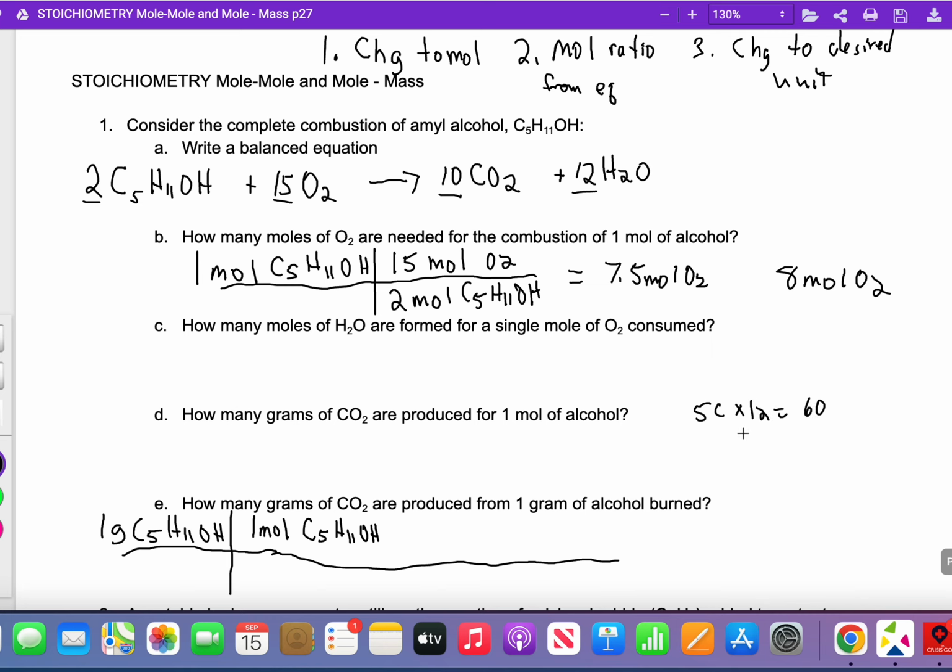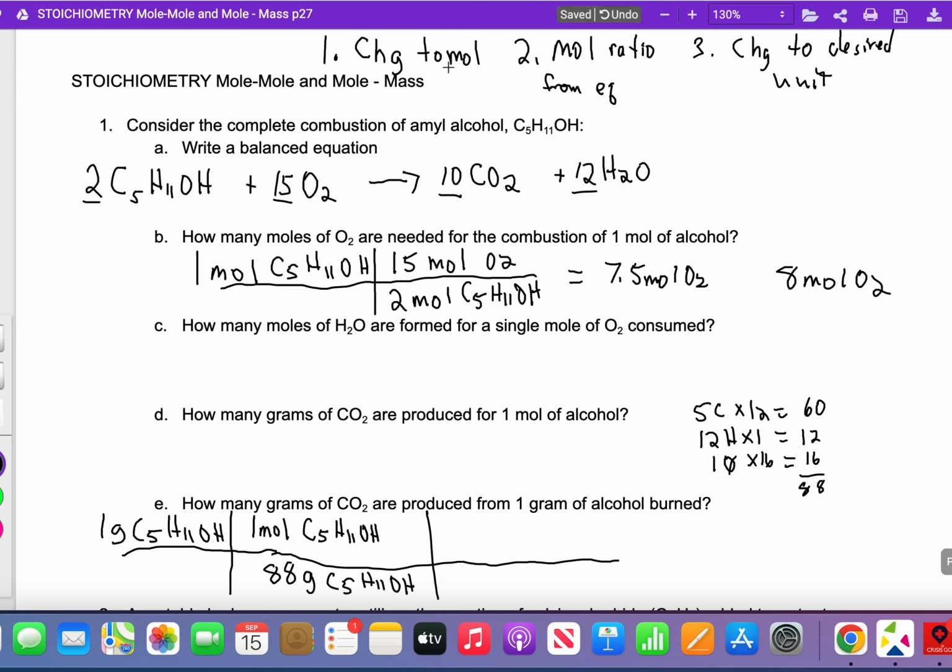There's 12 hydrogens times 1, that equals 12. And there's 1 oxygen times 16, that equals 16. 60 plus 12 plus 16 is 88 grams. Okay, that's the molar mass. Just like in the mole unit, you have to add up the molar mass of C5H11OH.